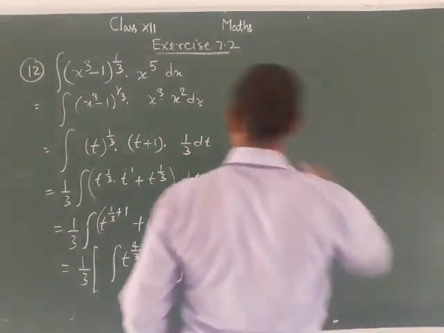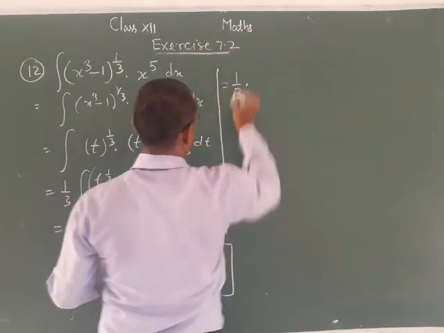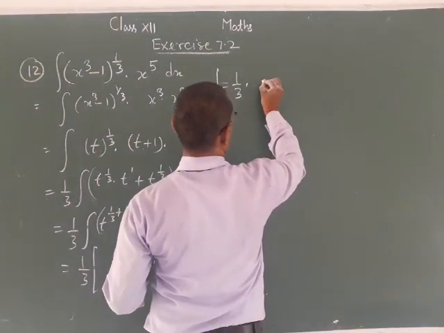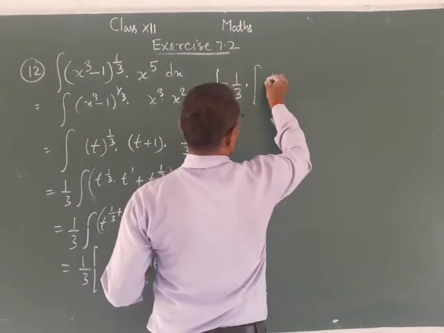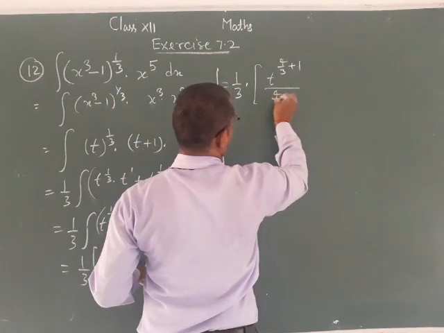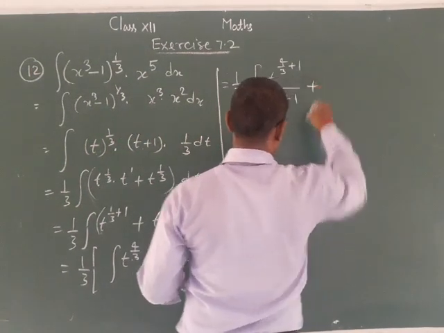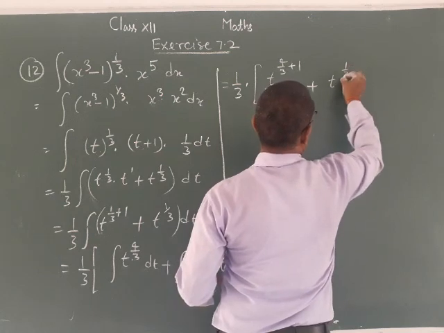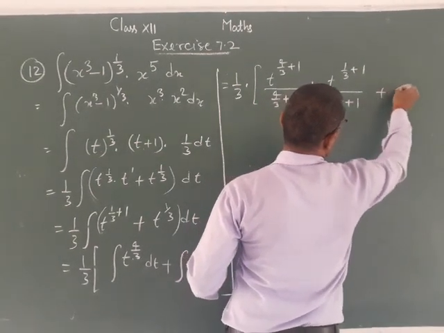So we get 1/3 and integral of t to the power 4/3 we can write t to the power 4/3 plus 1 upon 4/3 plus 1 and plus also t to the power 1/3 plus 1 upon 1/3 plus 1 plus c.